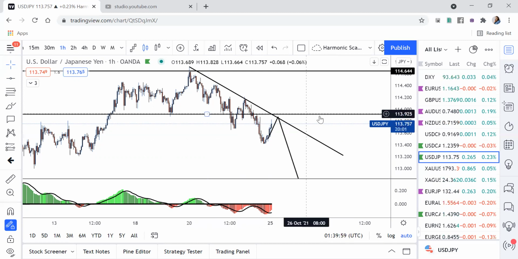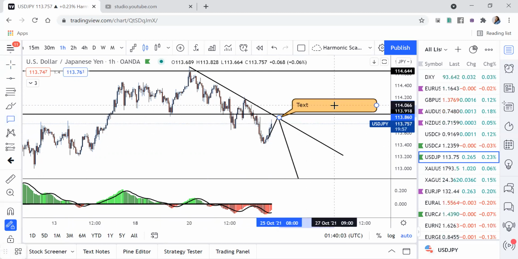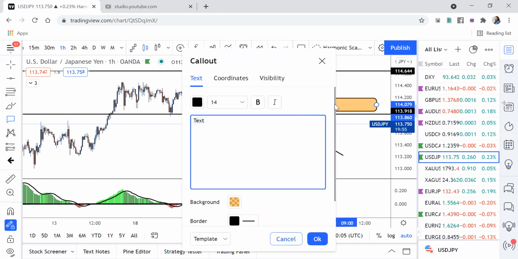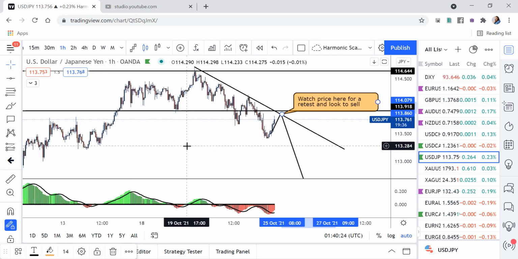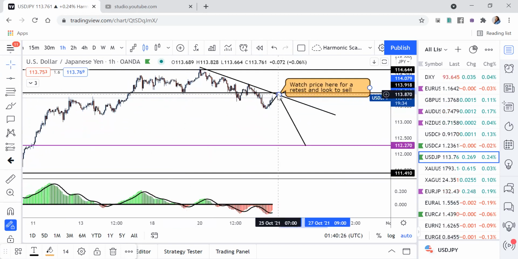Right? So watch price here for retest and then look to sell.